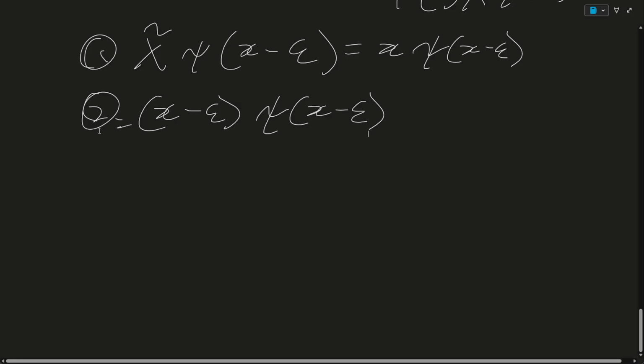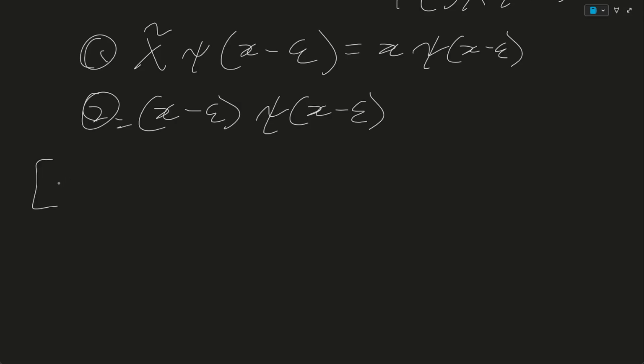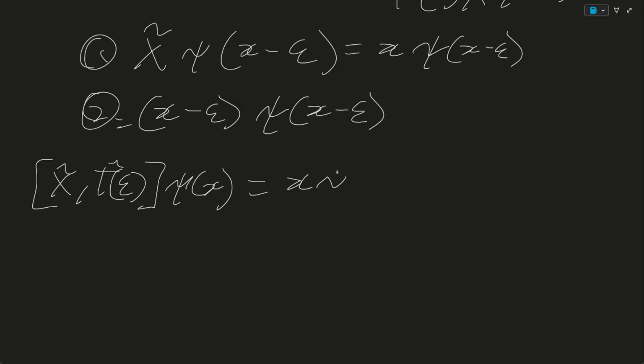Well, now we subtract them, so we have that x hat T epsilon psi of x is equal to x psi of x minus epsilon minus x minus epsilon psi of x minus epsilon.